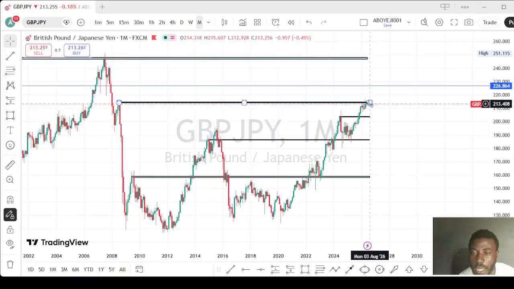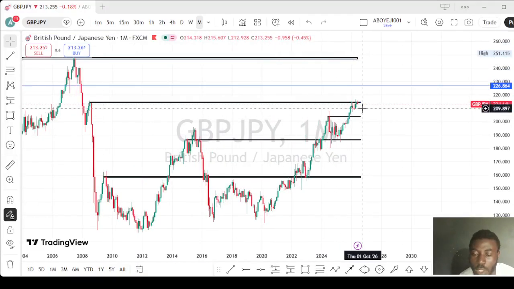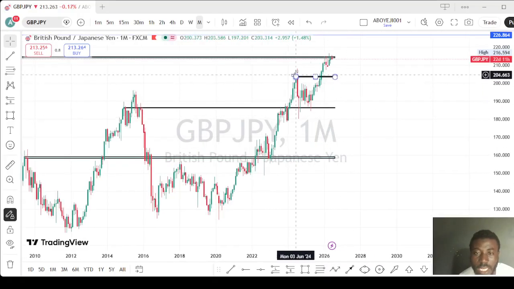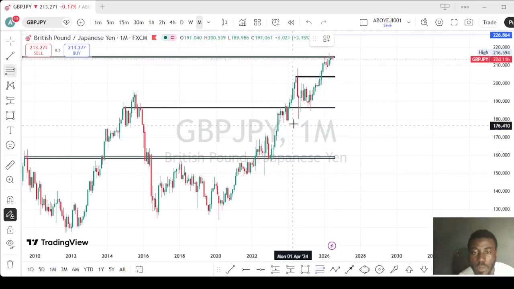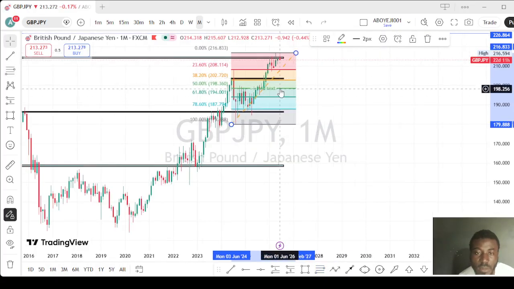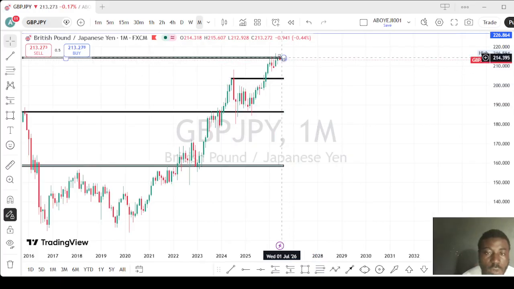You can see the market tested this key level, and it is trying to push the market down. If the market wants to push down, let's use Fibonacci retracement maybe. So let's see if the market is going to push down from this key level.